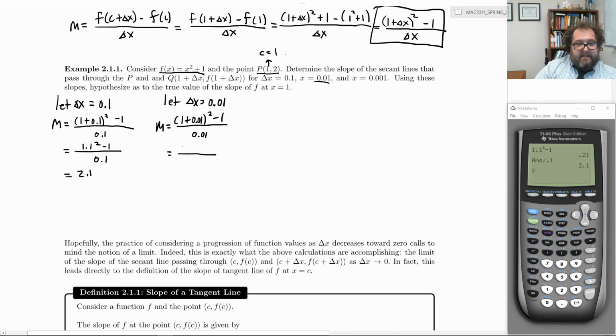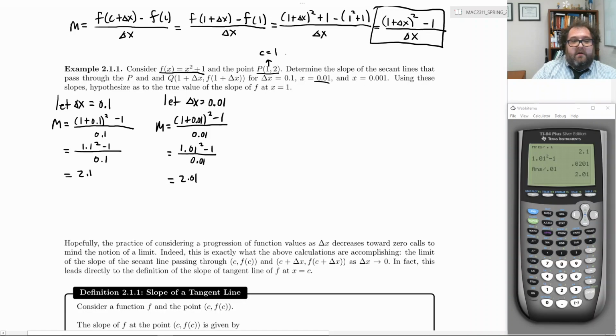If we simplify that slightly, that's going to be 1.01 squared minus 1 over 0.01. Then we'll go back to our calculator. 1.01 squared minus 1 divided by 0.01. Let's use the previous answer divided by 0.01. All right. Hey, looks like some sort of pattern emerging. 2.01.